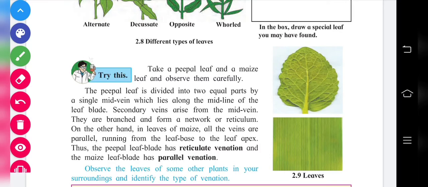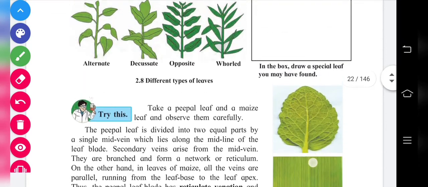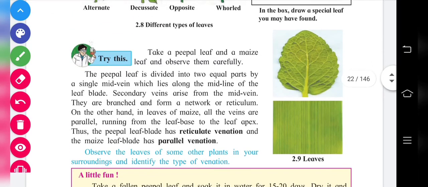So you can find that in peepal leaves there is a single midvein, at the center of the leaf blade.